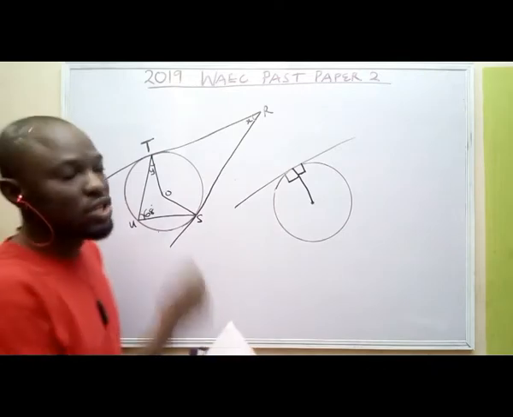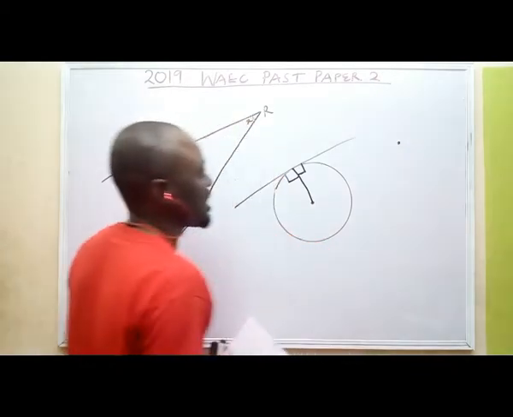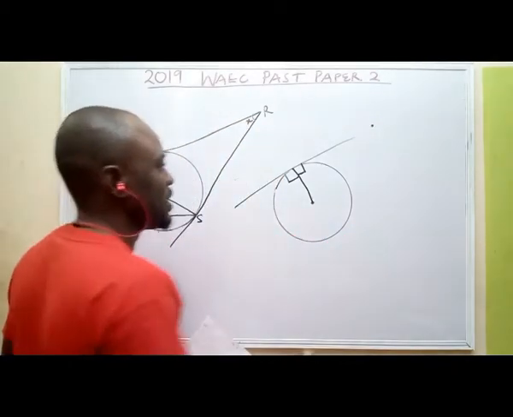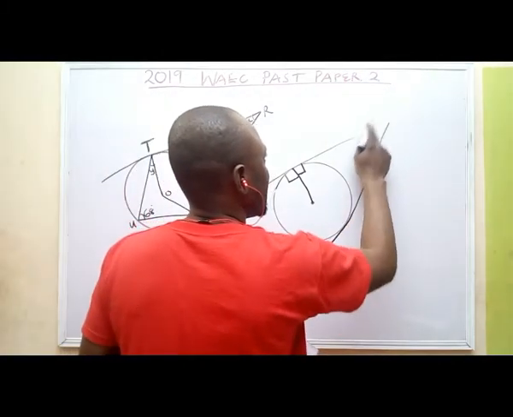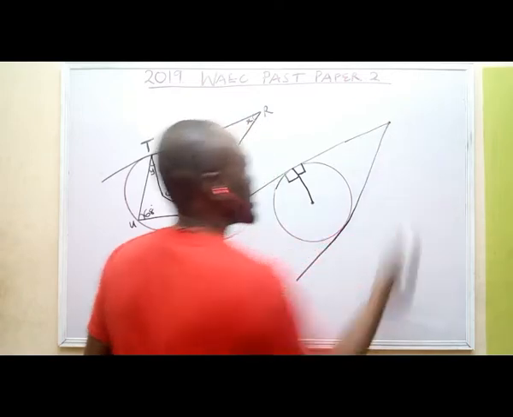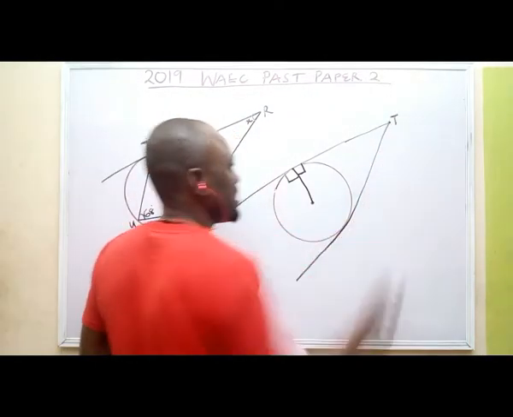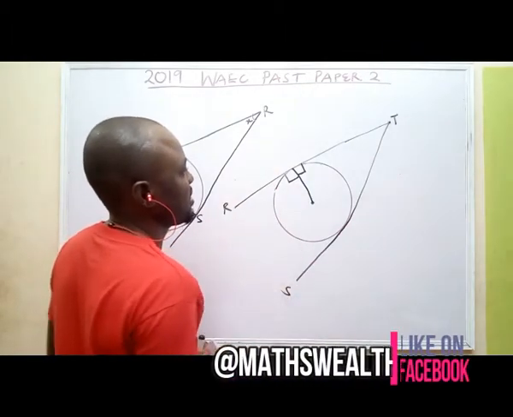Another thing you need to know about tangents: if I have a point outside the circle, and I have two tangents that meet at a point outside the circle, let's say this point is T, and here is RS.